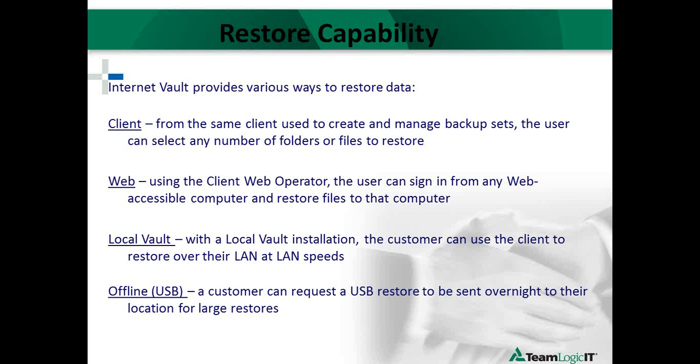There is also a client web operator where any user can sign in and do a single file restore. We can always do a restore locally, so even if there wasn't any internet connection at all, we can still restore your information locally from a device. And then if there's a major disaster, what we're going to do is seed everything to a USB drive, and then we'll have that overnighted to you, so you'll be up and running. Next day we'll have the information there.